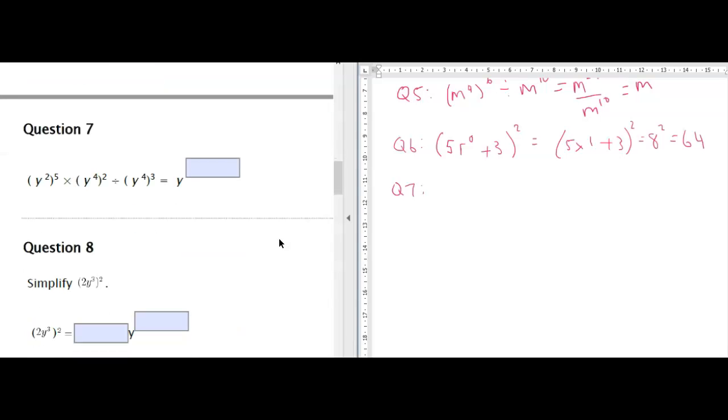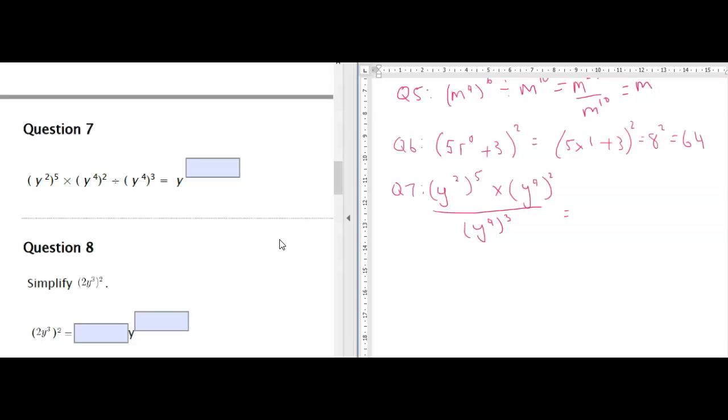All right, so a bit of a larger one here. So we've got y squared to the power of 5 times y to the power of 4 squared. And I'm going to write the division like this. And we've got y to the power of 4 cubed.